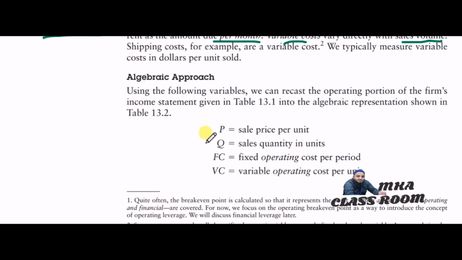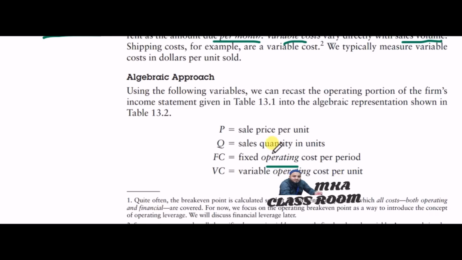Here, P represents the sales price per unit, Q represents the sales quantity in units, FC is the fixed operating cost per period, and VC is the variable operating cost per unit.